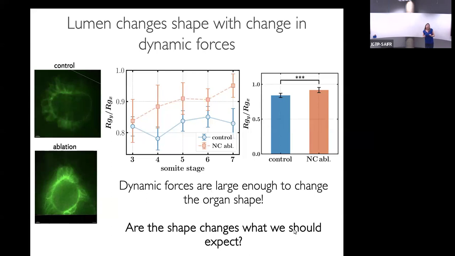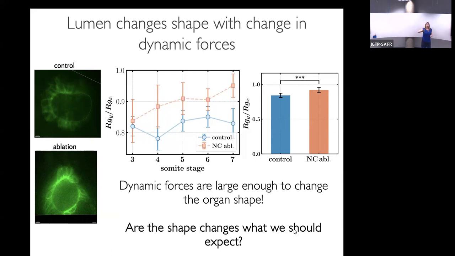And at this point, it's pretty good. I mean, it doesn't look beautiful, but this is a p-value. So for biology data, I think it's pretty good that this ablation experiment really changes the shape of the organ.